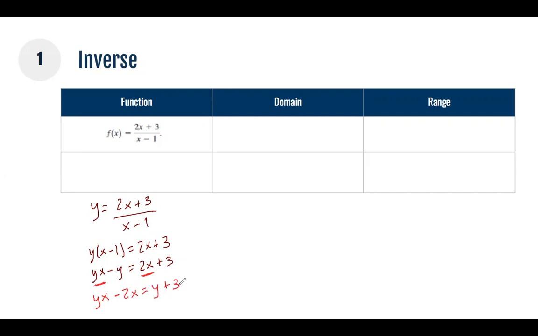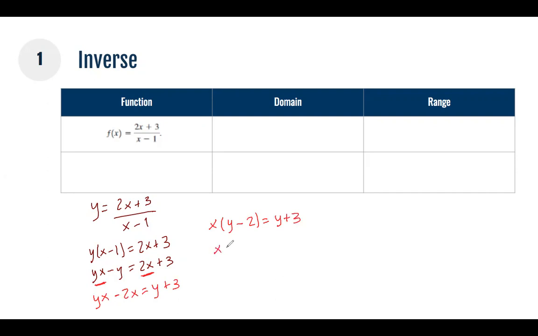So everything else must be on the right-hand side. Then we're going to factor the x. That's why we move all of the x terms to the left-hand side. So if we factor the x on the left-hand side, it's going to end up as x times (y minus 2), and this is y plus 3.